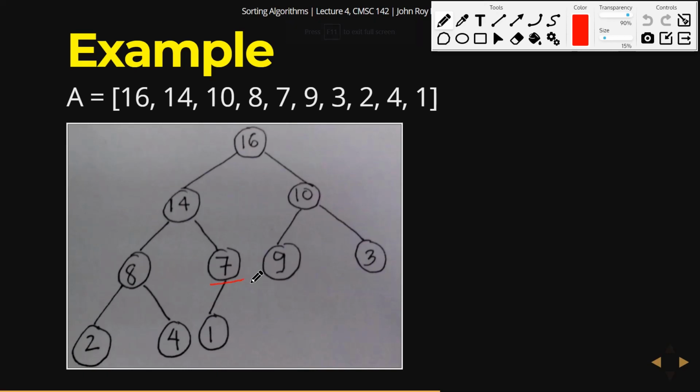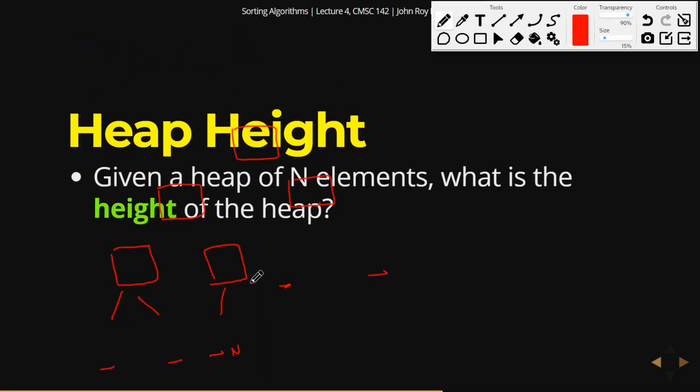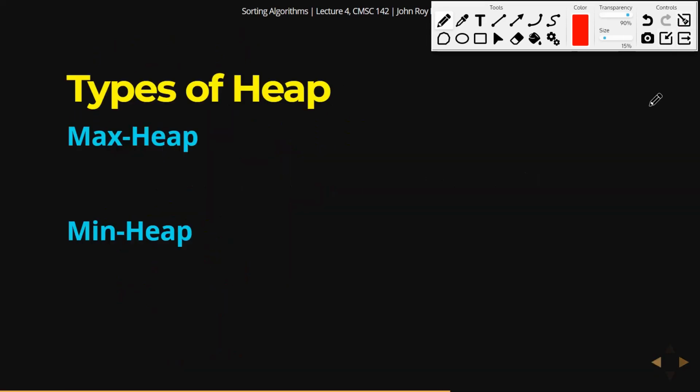So we started here because this one will be checked from here, this one will be checked from here, this one will be checked from here, and these 2 will be checked from here anyway. So if there is something that needs to be max heapified, they will be checked by their parents. So we don't need to go from n down to 1. We can just start from n over 2, which is where the parents would start.